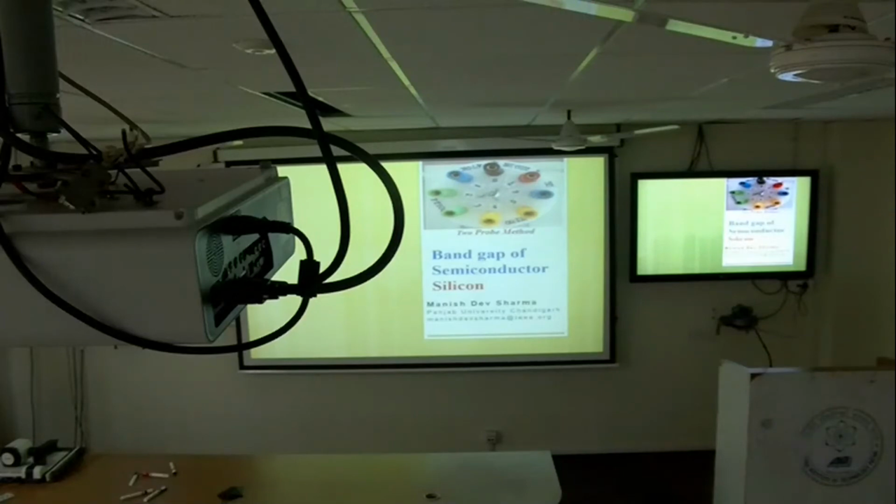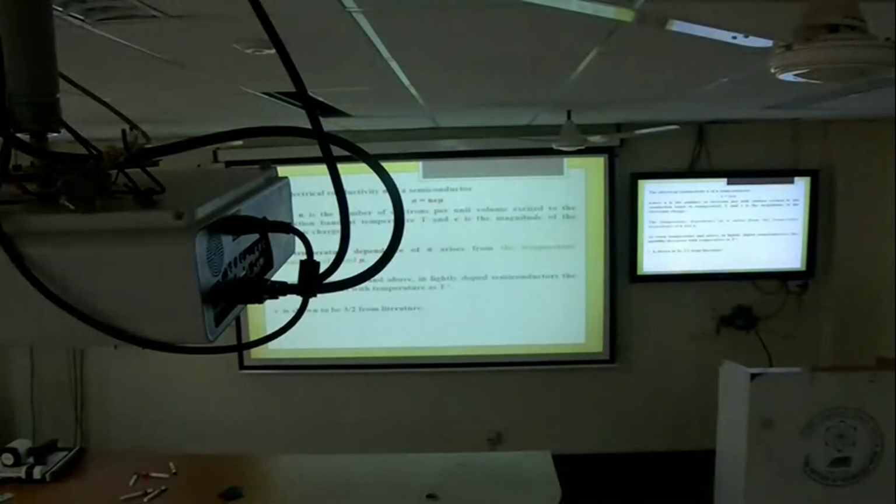The semiconductor considered here is silicon. So the same relation which we considered in the last discussion, sigma is n e mu, I just keep it. What I want to say is that the temperature dependence of electrical conductivity reflects the dependence of the number of electrons and mu.